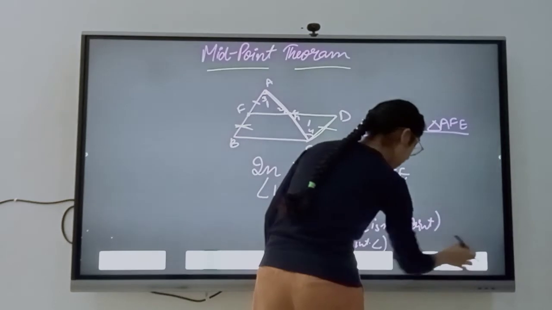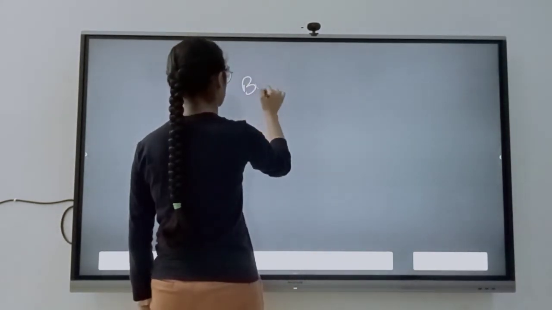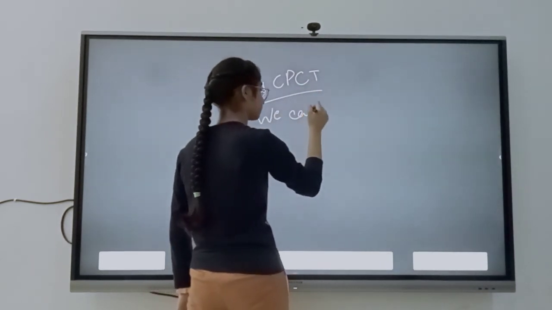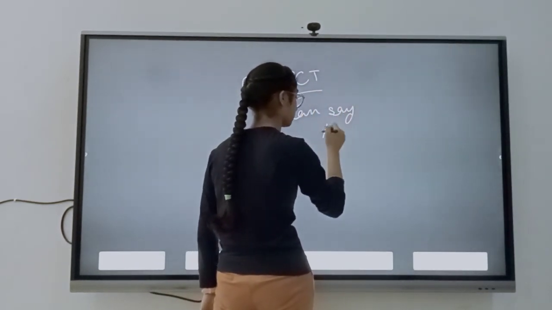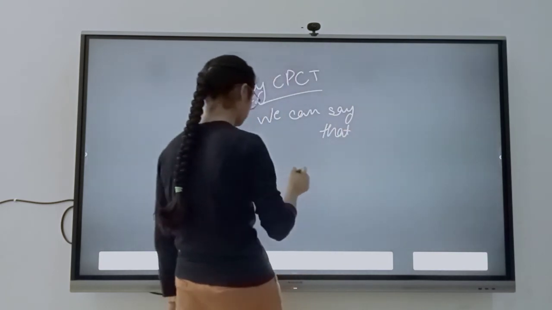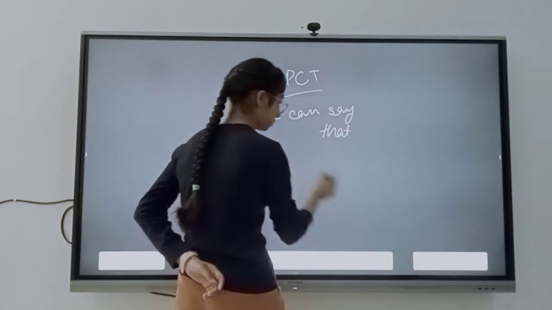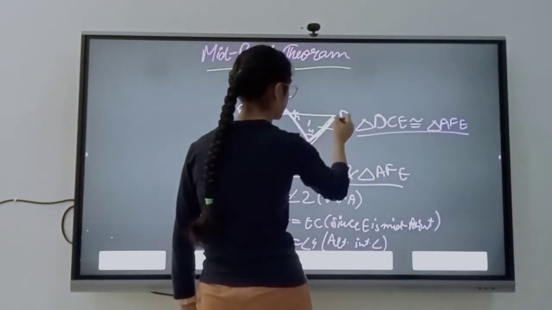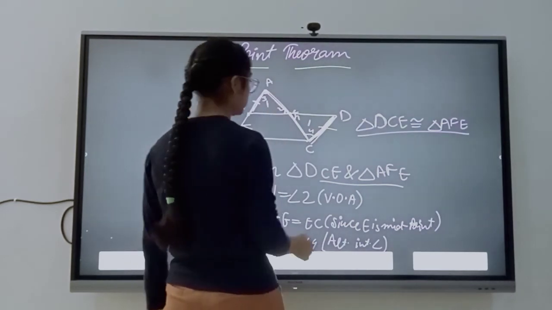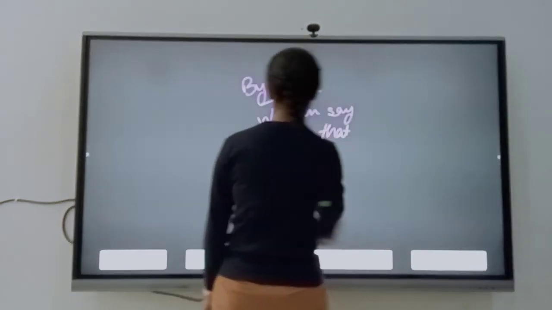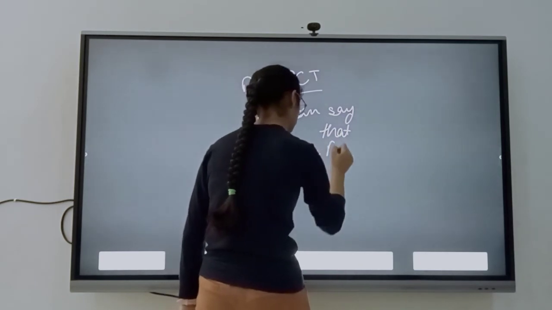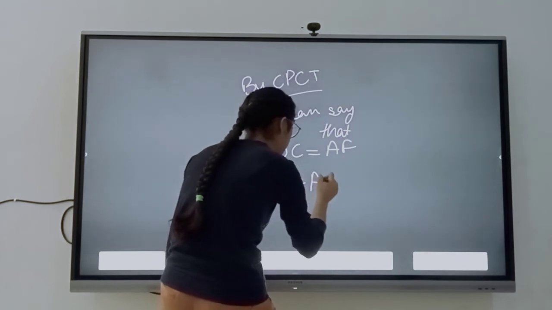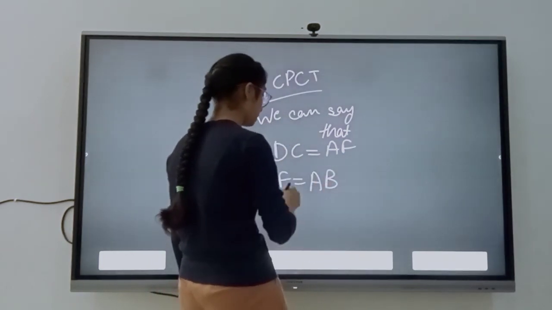Now by CPCT, we can say that this line is equal to this line, DC is equal to AF, and AF is already equal to FB as F is the midpoint.